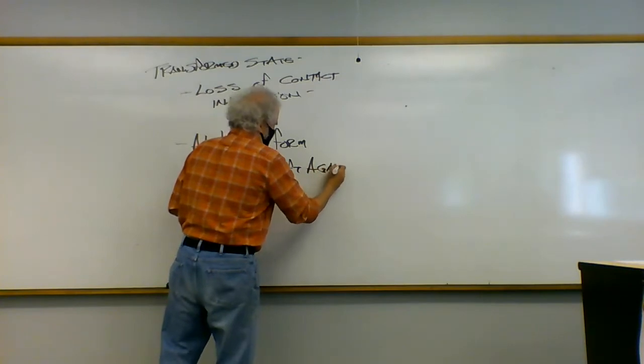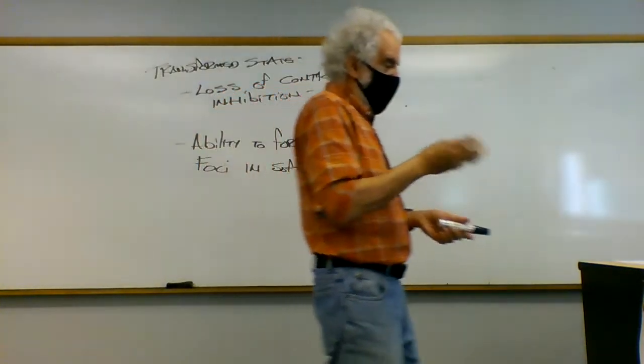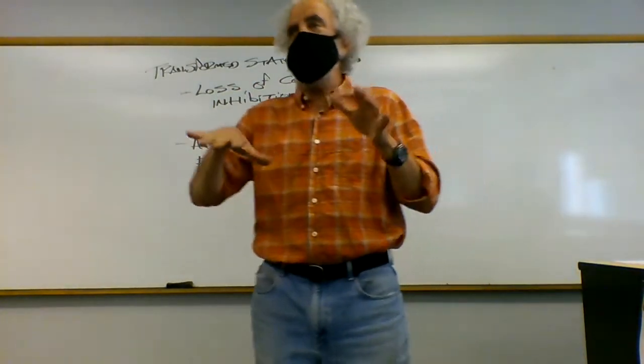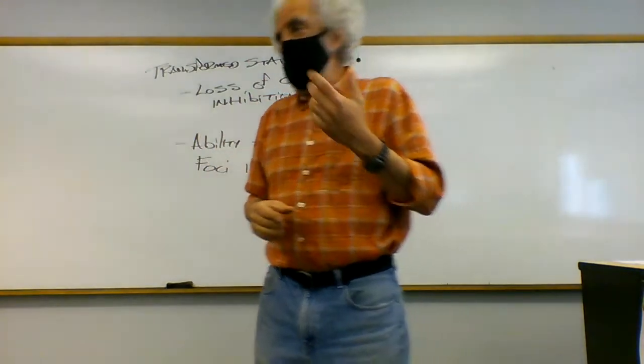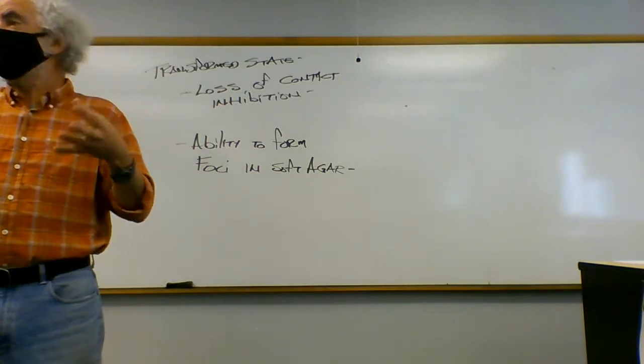Now this is, I don't think, a standard testing process, but it again underscores the fact that the cells are no longer paying attention to their environment, in that this term foci indicates a cluster of cells.